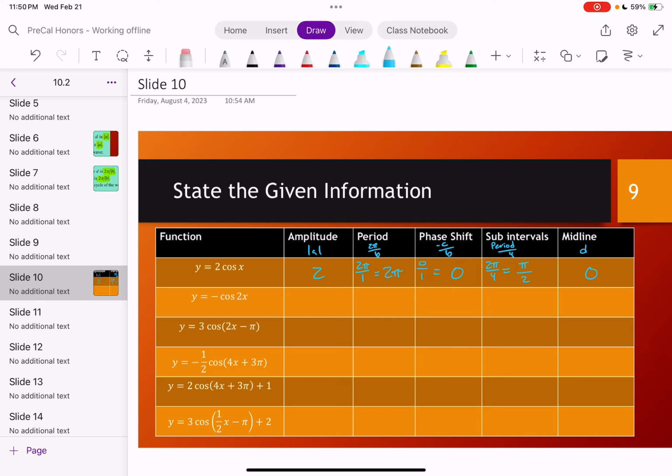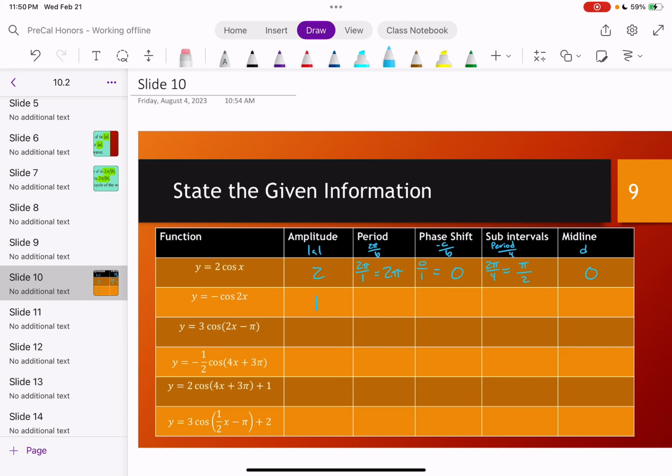Let's take a look at our next problem. In this next problem, we have negative cosine of 2x. Now, in this case, what is happening is that we are seeing a reflection of the original parent function for the cosine function. We take a look at the amplitude, which would be a positive 1.